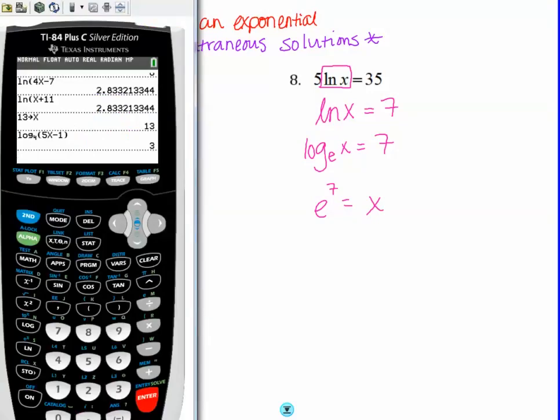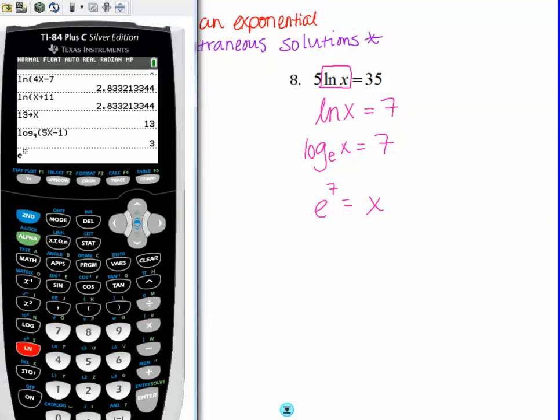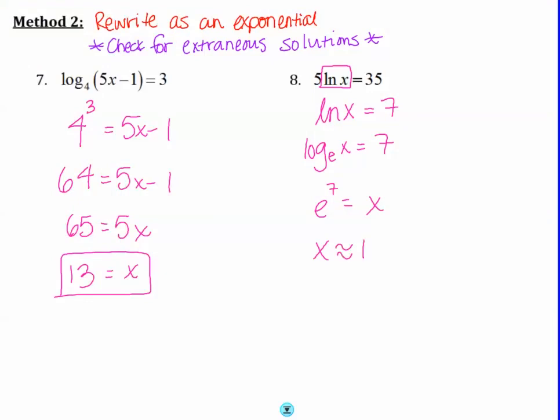Or if you really want to see what e to the 7th is, if you do second ln, that brings up the e. You can just type in 7. So this would be about 1096.633. And again, we should check and see if this is extraneous, but I know that it is not extraneous, so I'm just going to skip that step for a minute.